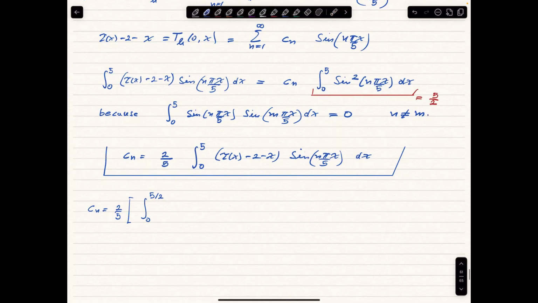So we can replace it by 2. And then we have minus 2 minus x, sine of n pi x over 5.